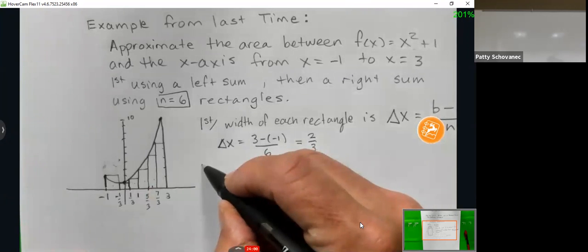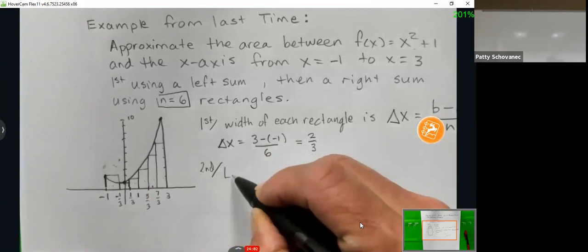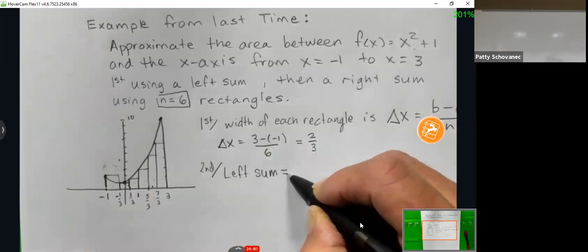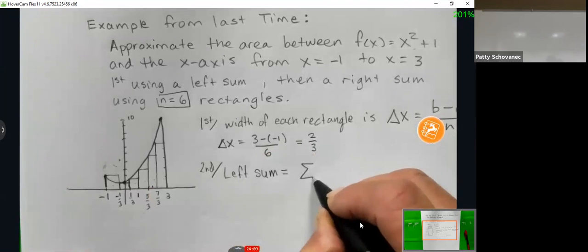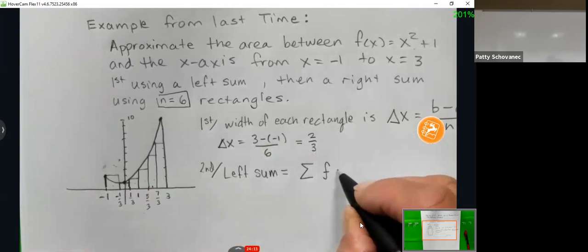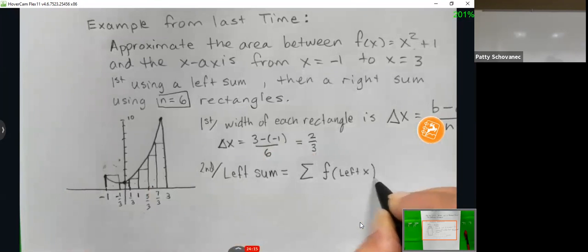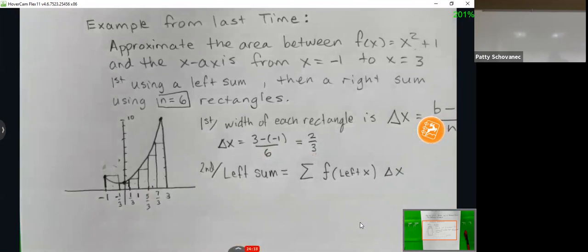So, using a left sum, we're going to make the sum of the values of the function at the leftmost x, and then we're going to multiply it by delta x.